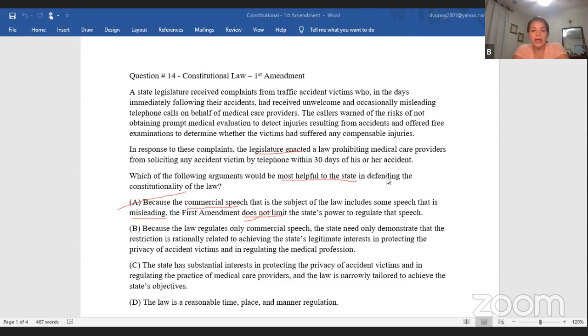B, because the law regulates only commercial speech, the state need only demonstrate that the restriction is rationally related to achieving the state's legitimate interest in protecting the privacy of accident victims and in regulating the medical profession. So rationally related and a legitimate interest, and that's the bottom scrutiny, which is rational scrutiny. And because the law regulates only commercial speech.